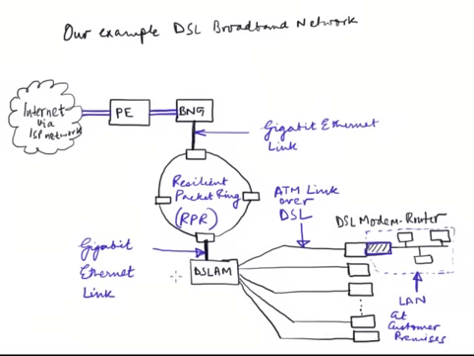We chose this example since it is a typical scenario in many existing implementations around the world. The DSL local loop between DSLAM and the modem implements ATM as a data link layer protocol over the DSL physical layer.